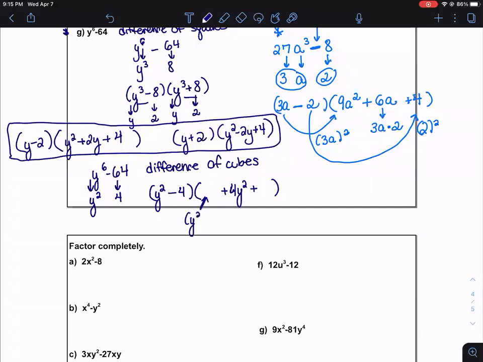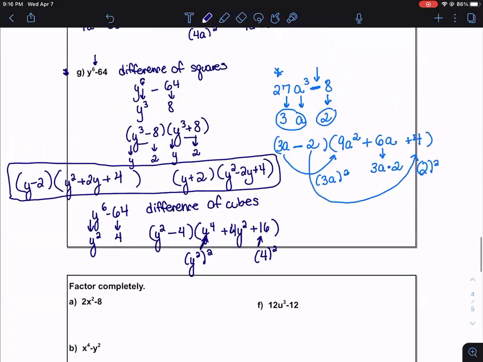Now this would be y squared squared, which is y to the fourth. This would be 4 squared, which is 16. And those would ultimately factor further, but I'm not going to get into trinomial factoring just yet because I didn't teach that.